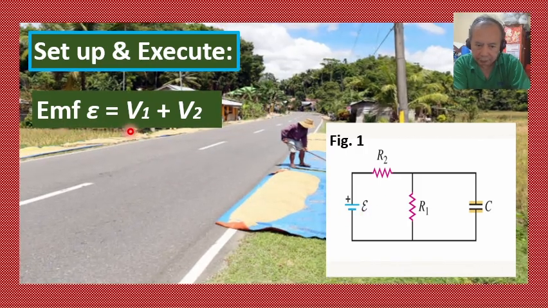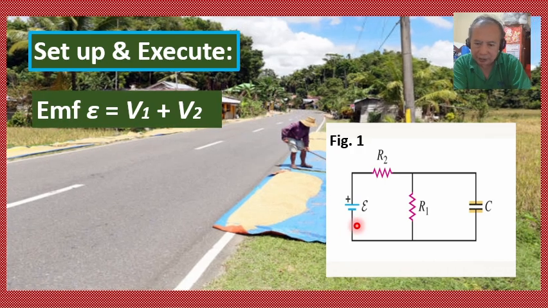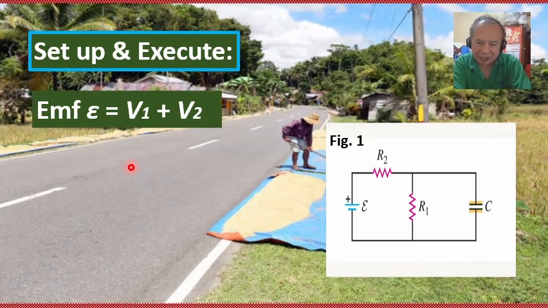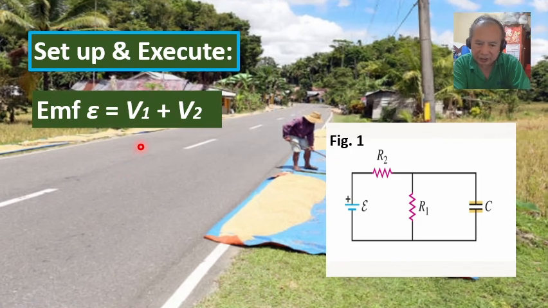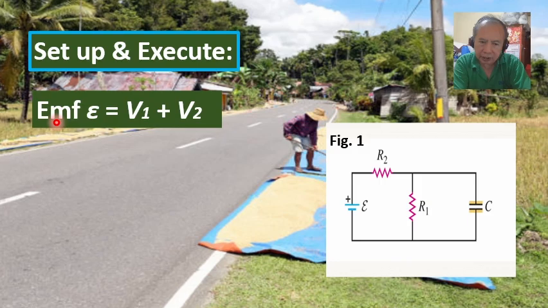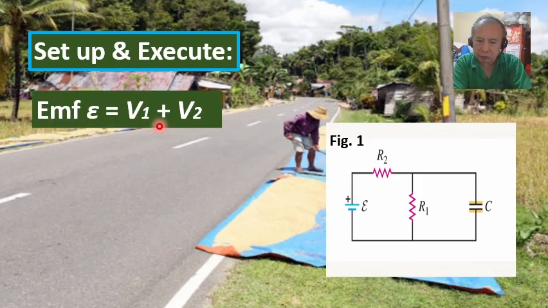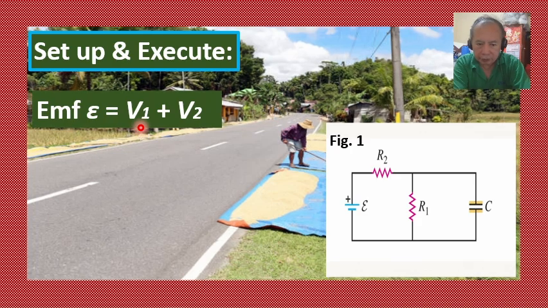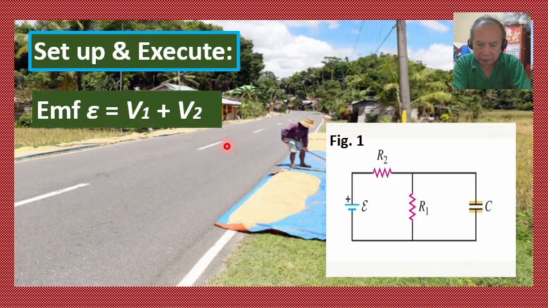But since the battery is assumed to have negligible internal resistance, we say that the EMF epsilon is just equal to the algebraic sum of V sub 1 and V sub 2.